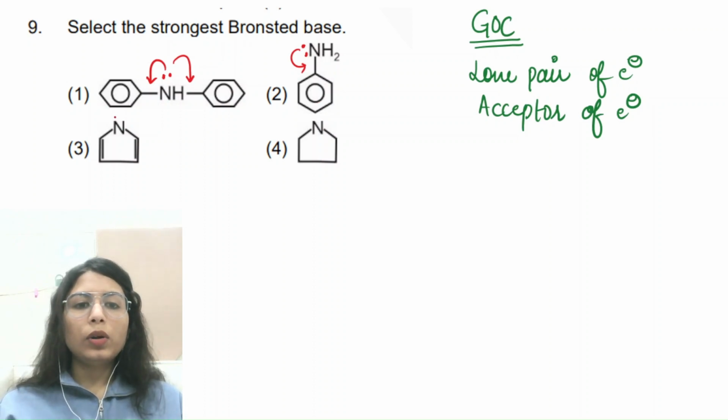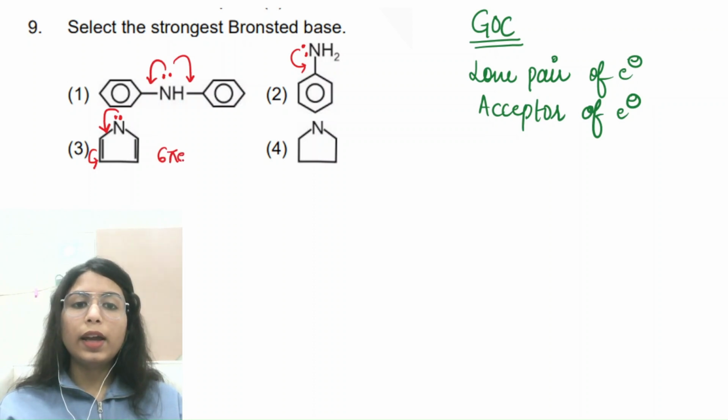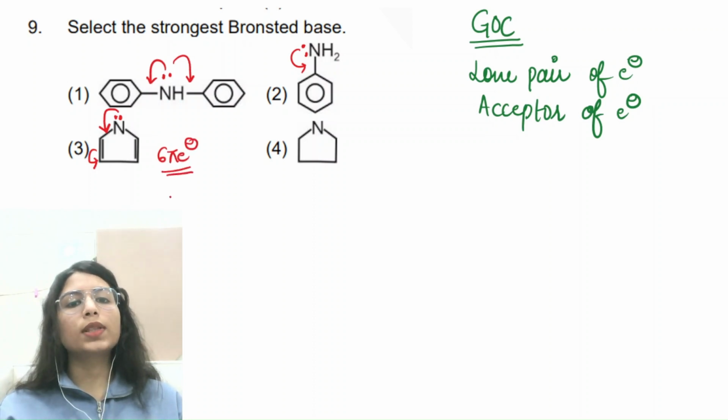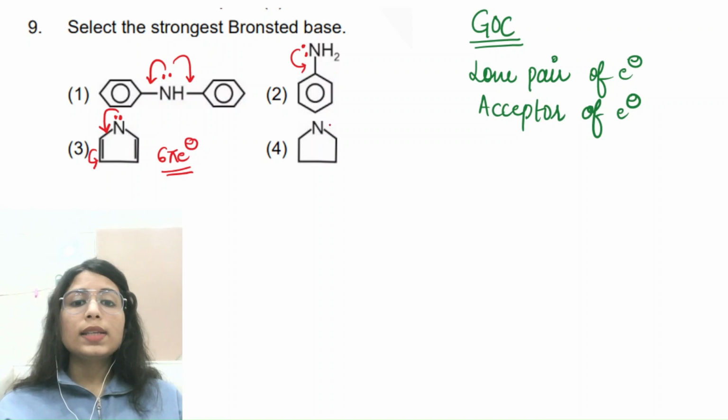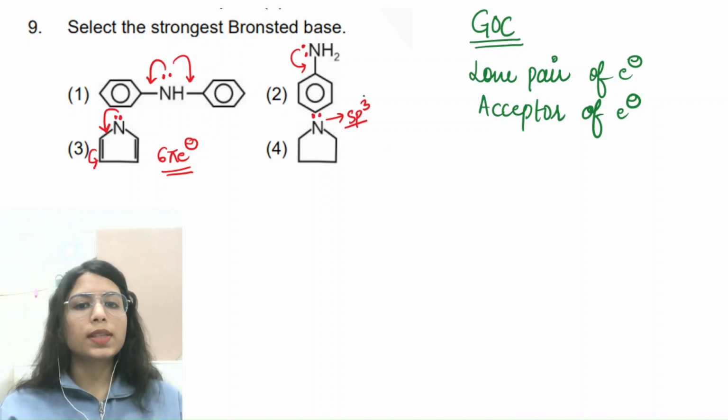Next, this nitrogen also has a delocalized lone pair because it is involved in resonance with the double bond of the ring to make it aromatic, a 6 pi electron system, right? Whereas in this case, this nitrogen is sp3 hybridized and its lone pair is not involved in any resonance, right?